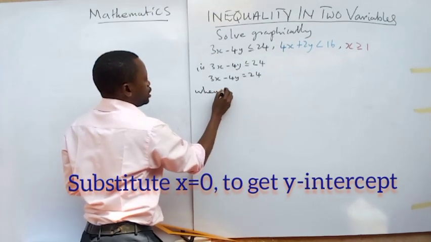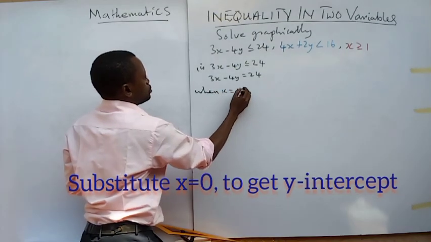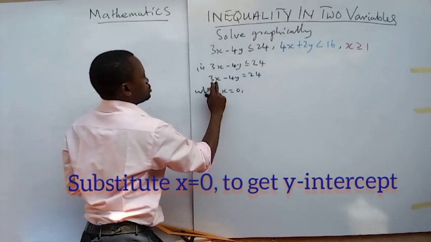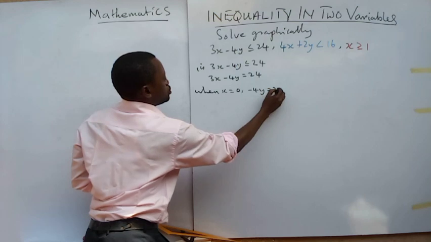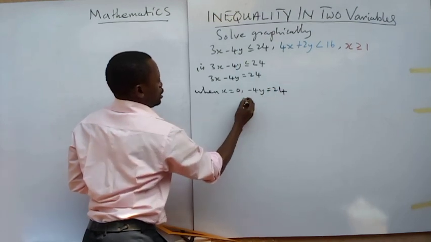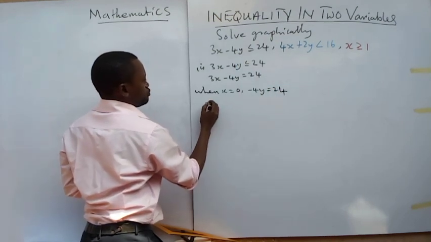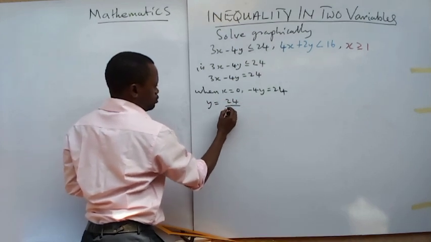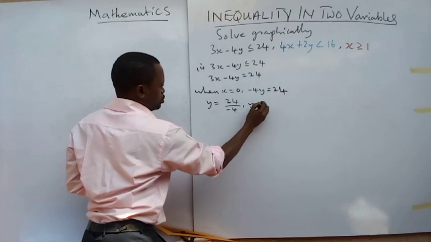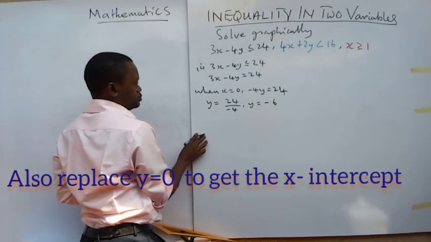When x is 0, the 3x term disappears and I have minus 4y equals 24, so y equals 24 over minus 4, which is minus 6.